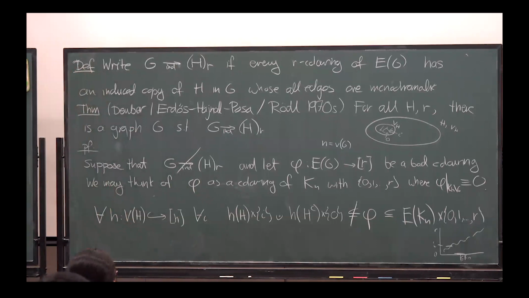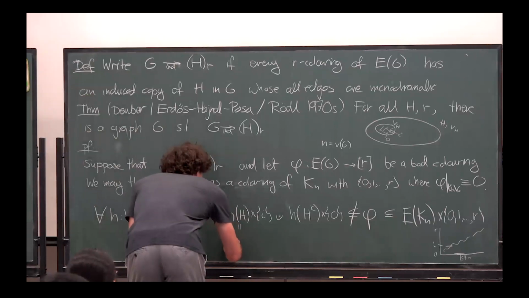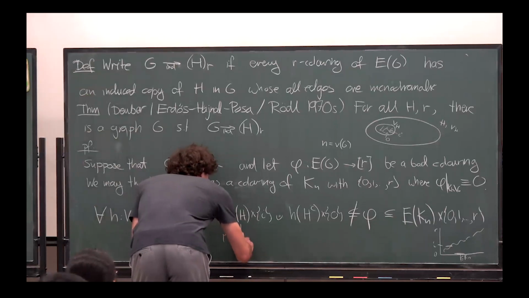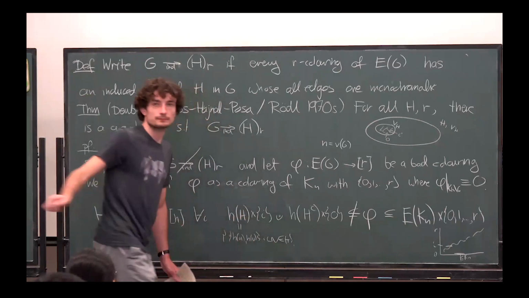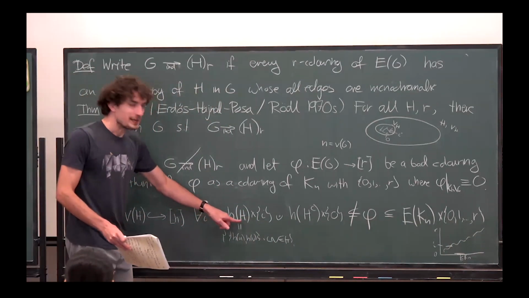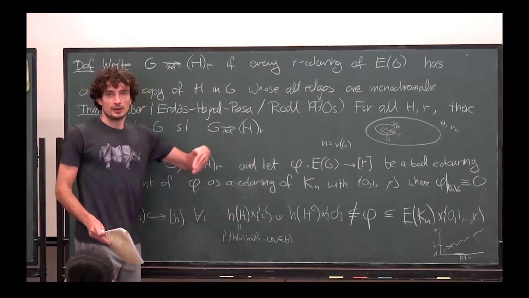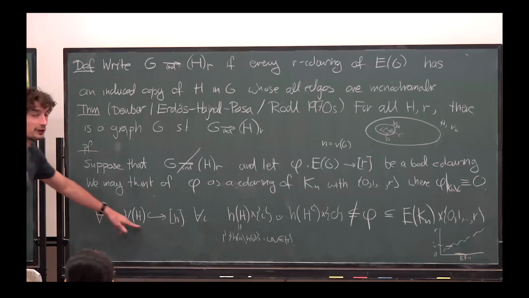Here, h of E(H) is the set of pairs h(u), h(v), whenever uv is an edge of H. So it's the image of a set of pairs through this function, which is lifted from a function that sends vertices to vertices.